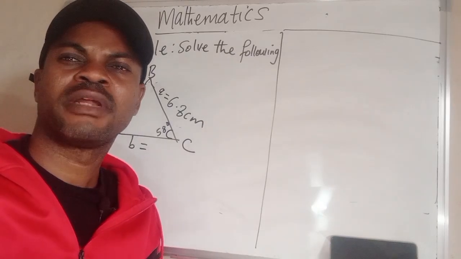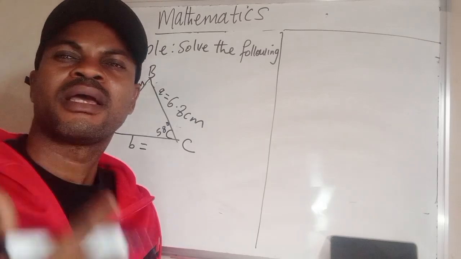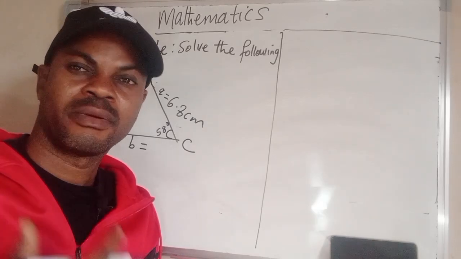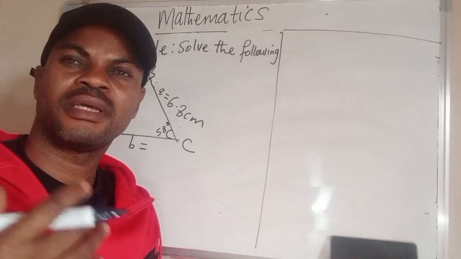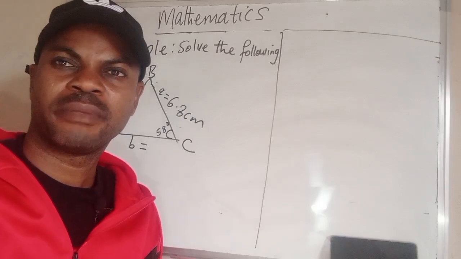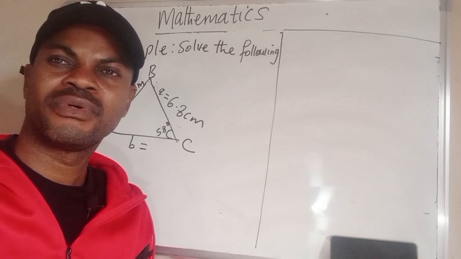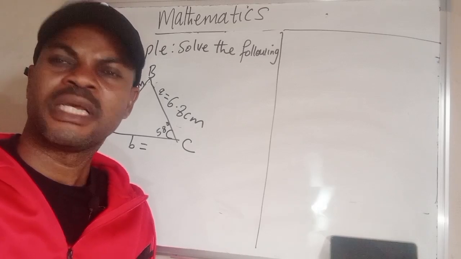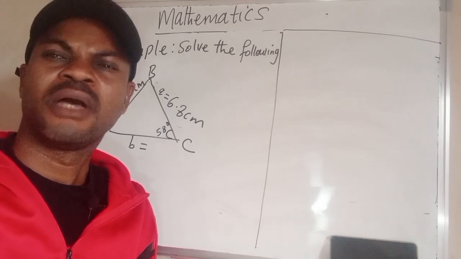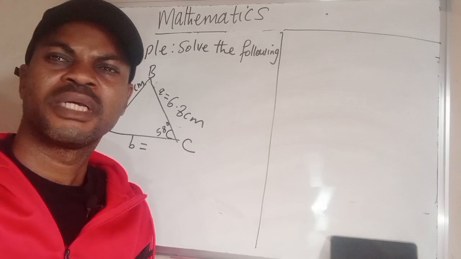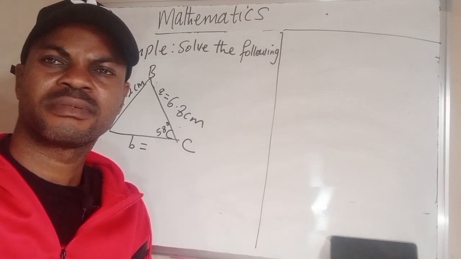What are the three formulas I can use? Either the Pythagoras theorem, or I use the sine rule or the cosine rule. What to start with?